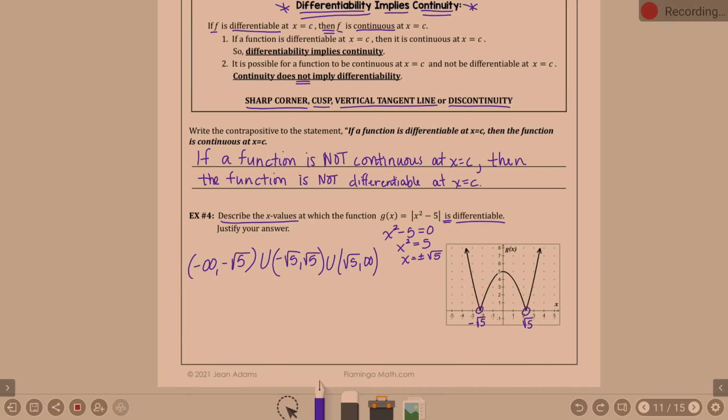So I have it kind of unofficial there, really, but since g of x has sharp corners or cusp at x equals, I'm going to say plus or minus the square root of 5.